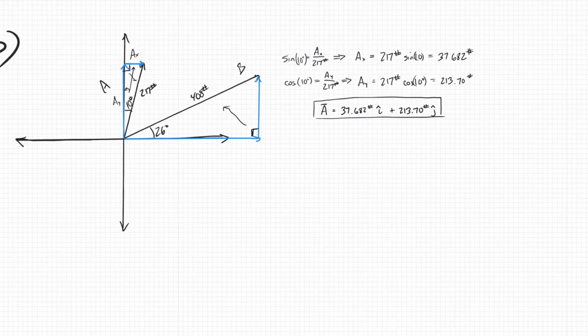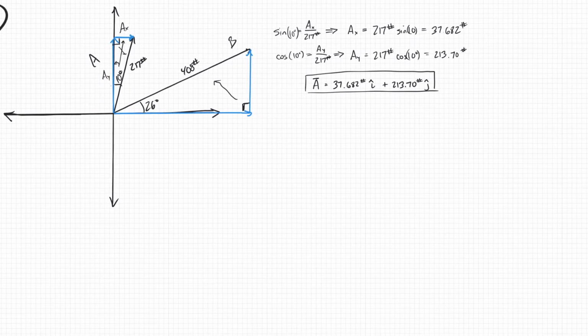Okay, let's do B. Here's B. Here's my angle, 26 degrees, and let's suppose I want that side. Well, that side is B in the Y direction. This side is B in the X direction. So SOHCAHTOA, so sine of 26 degrees is the opposite, BY, over the hypotenuse, 408 pounds.